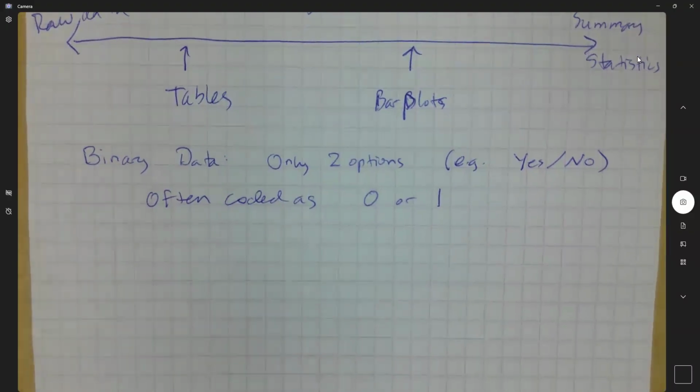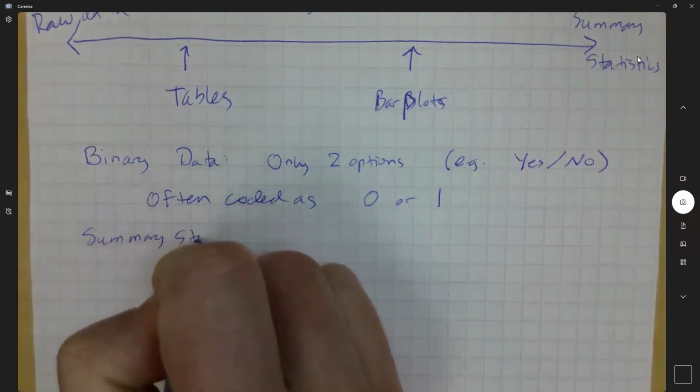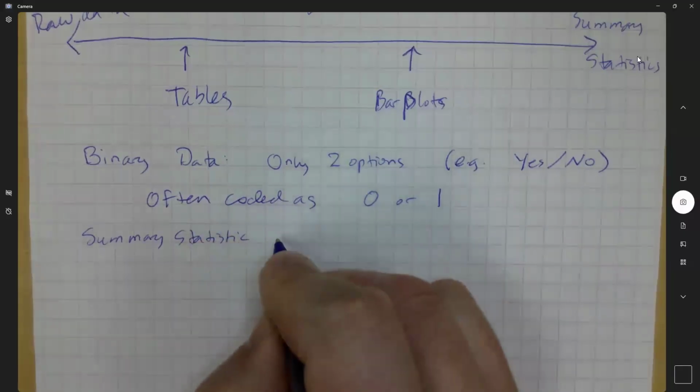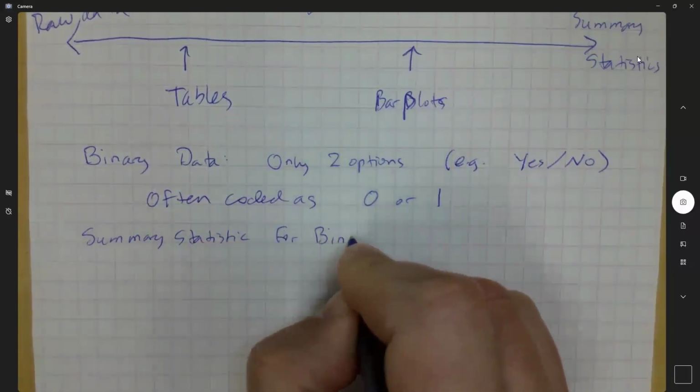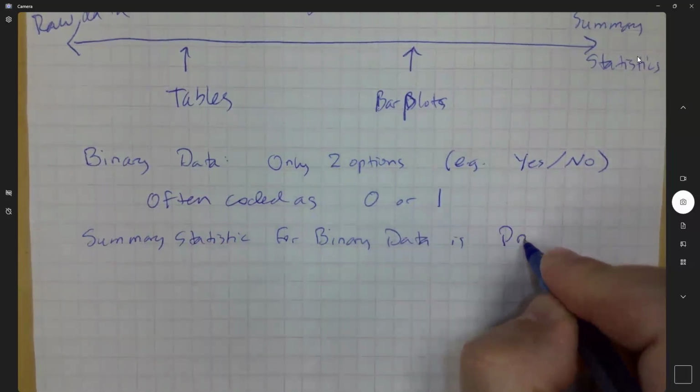Doesn't mean it is 0 or 1, but it's often coded that way. And so the main summary statistic for binary data is the proportion.